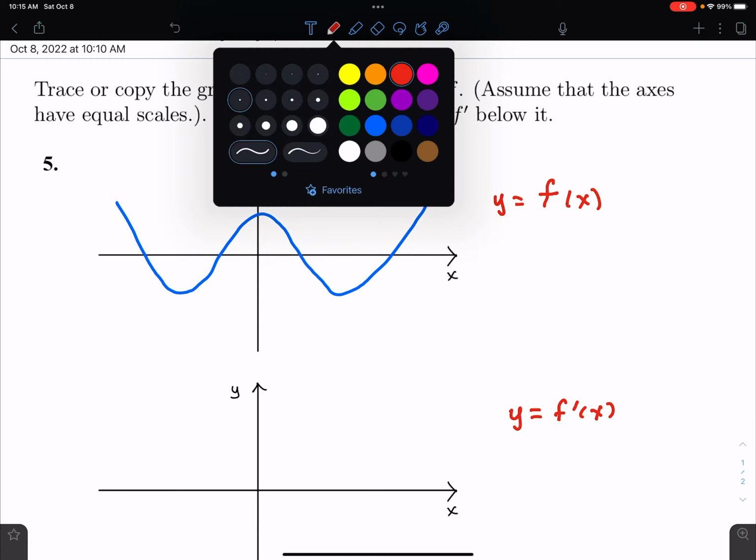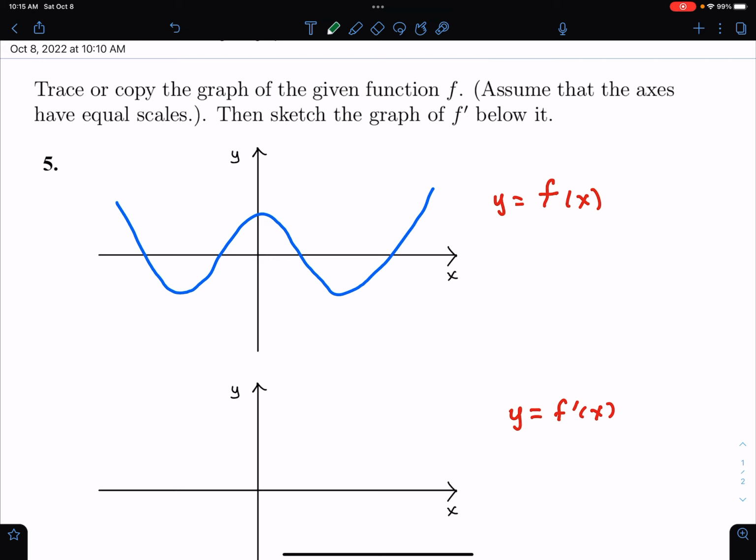At this point right here, I'm going to sketch a tangent line. This is a rough sketch. I think it looks like a horizontal tangent line. So right here I have a horizontal tangent line.